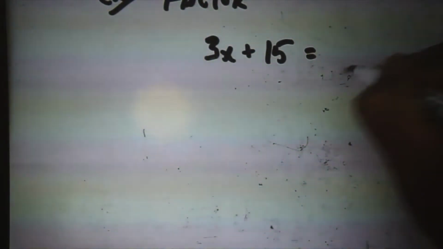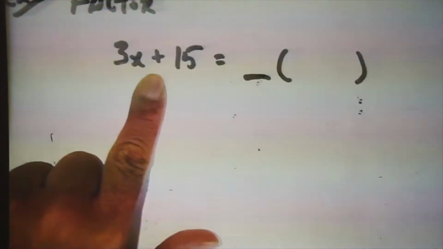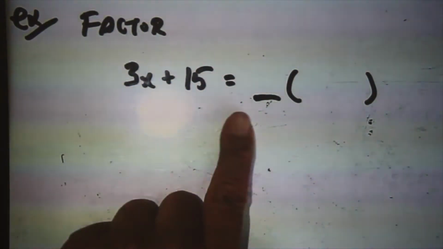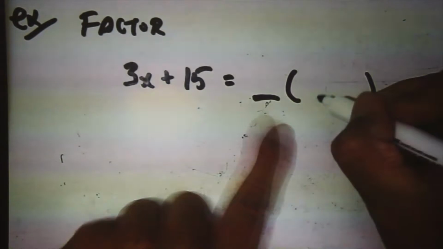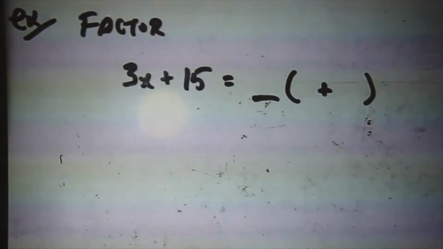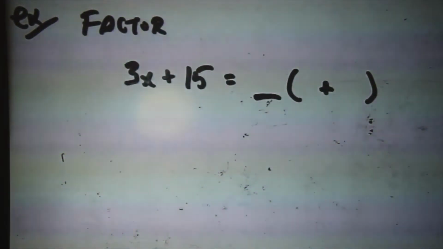When you factor, you think of a number in front, parentheses, and then there's a plus sign here. Let me move this over so we can see it. Again, we have some number that must have been in front, parentheses, and then there's a plus sign because it's a plus problem, which is the easiest way to handle that right now. Then you think to yourself, well, what must the number be that sits in front?